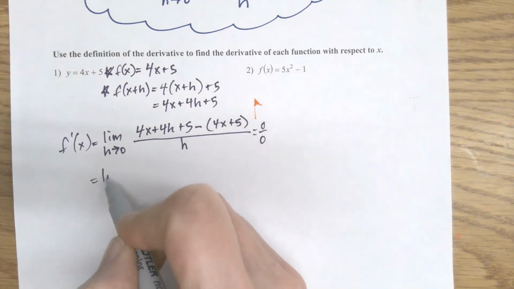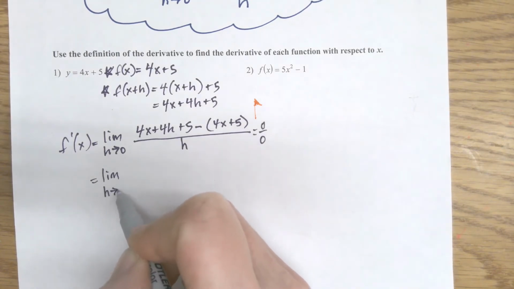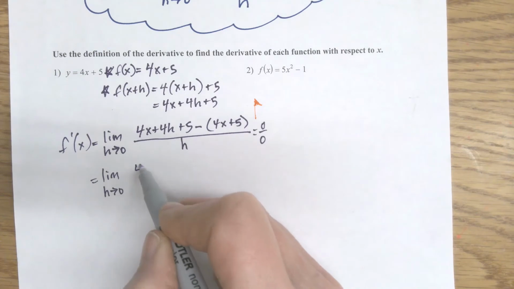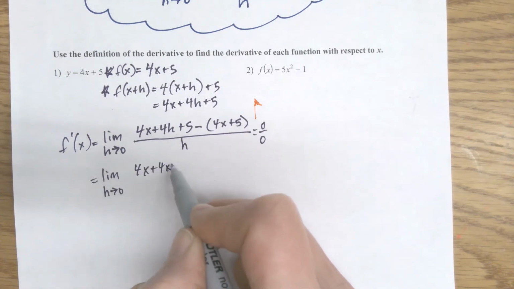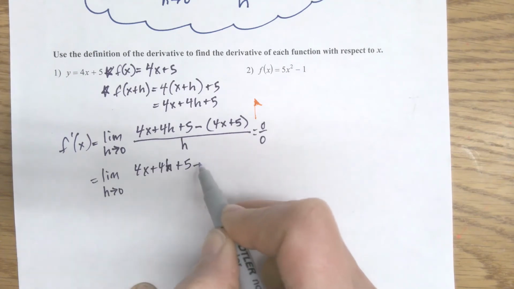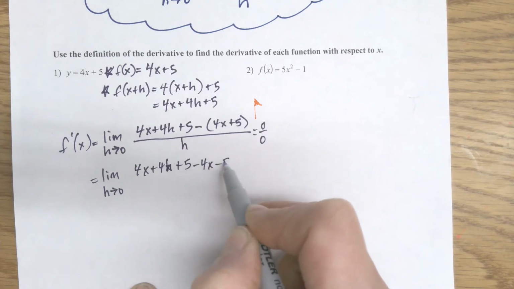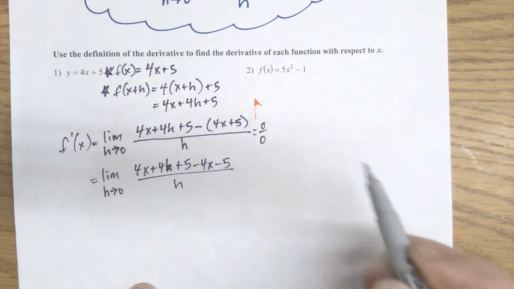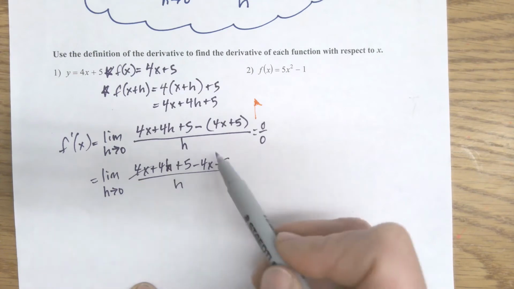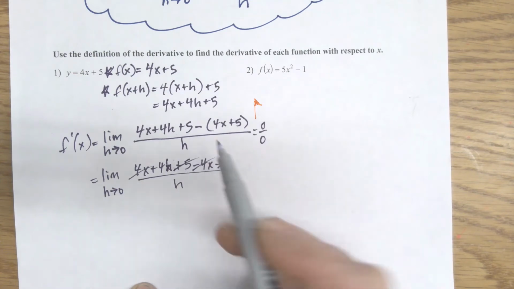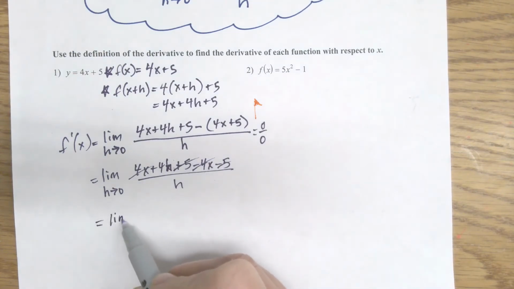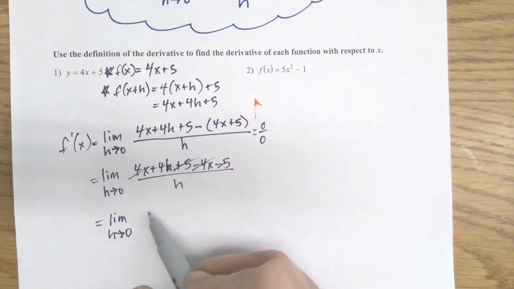I didn't take the limit yet, so I'm going to leave that limit there, but I'm going to clean this up. This is 4x plus 4h plus 5 minus 4x minus 5 when I distribute that through, all over h. The 4x's cancel out, the 5's cancel out, so now I'm down to the limit as h approaches 0 of 4h over h.